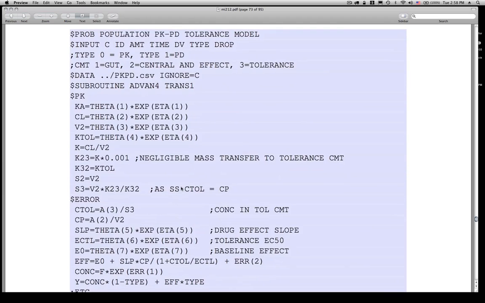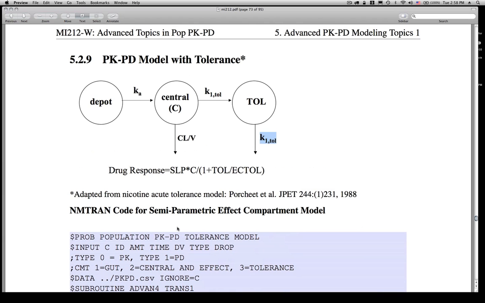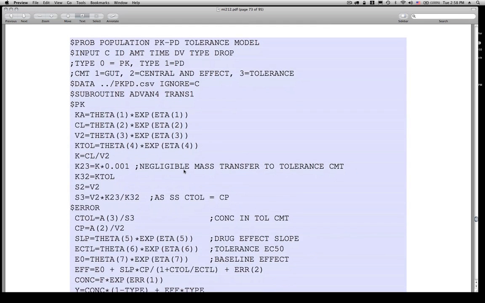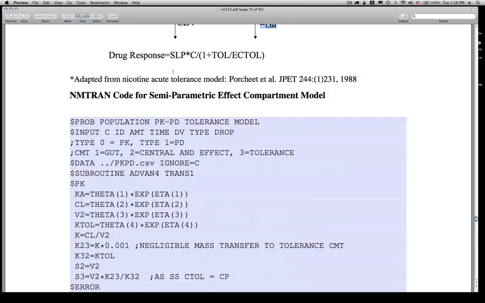Here's how we set it up. So remember, this picture here looks a lot like a two-compartment PK model. So we're going to use that analytical advan, again, advan 4 trans 1. The difference here now is that the data set is set up so that DV is equal to PK or PD, and there's no compartment item here because the dependent variable in both cases is driven by the central compartment.